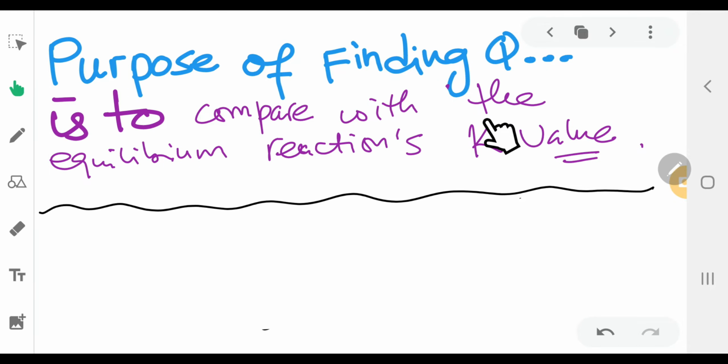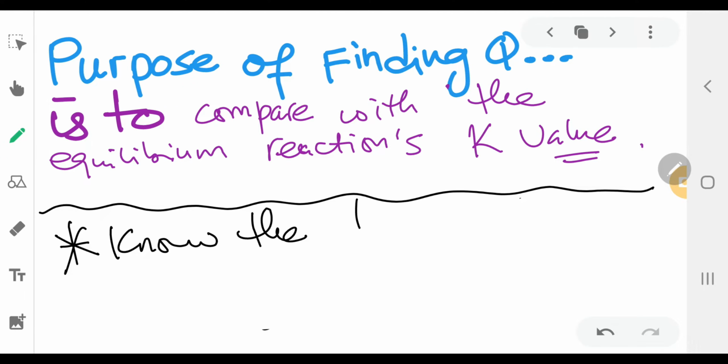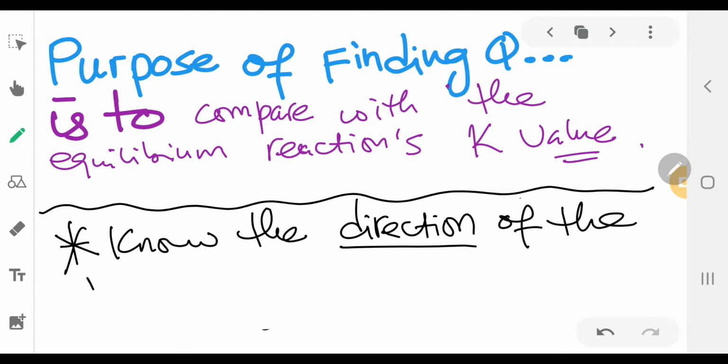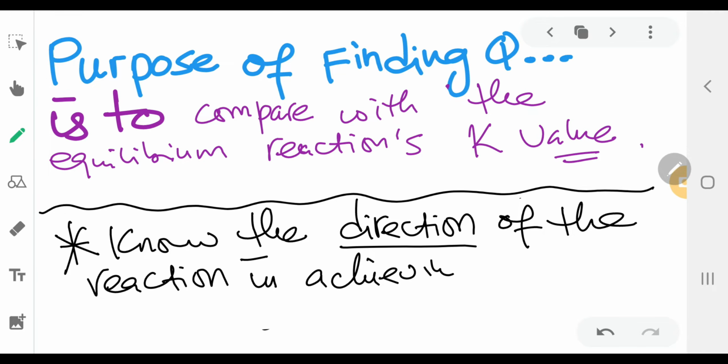After you have done the comparison, from that comparison we would be able to know the direction of the reaction in achieving equilibrium.